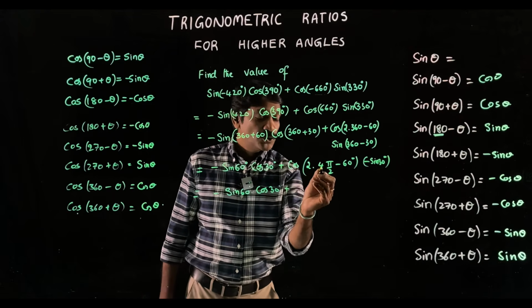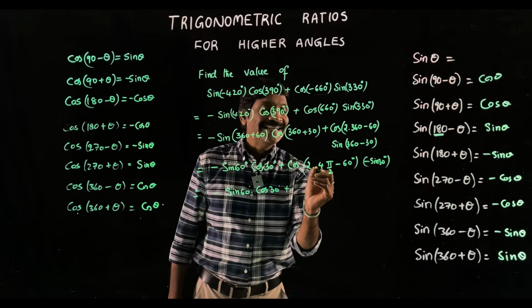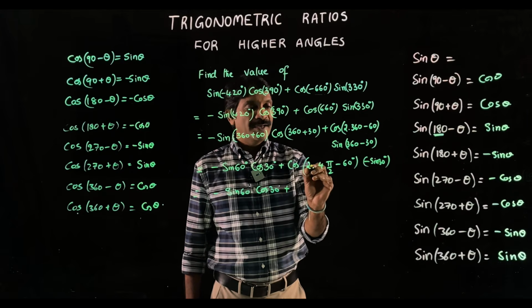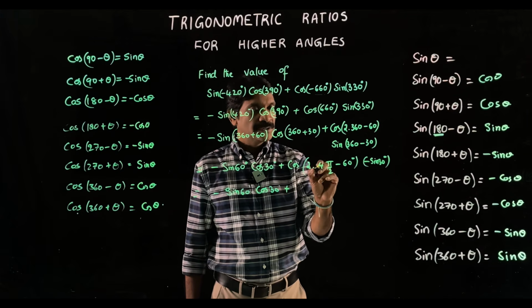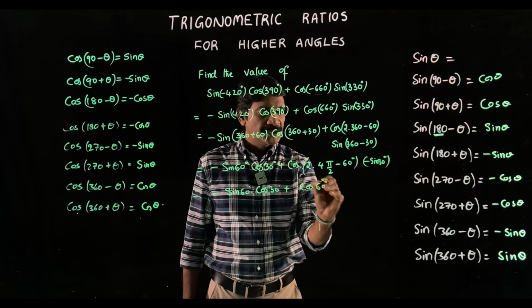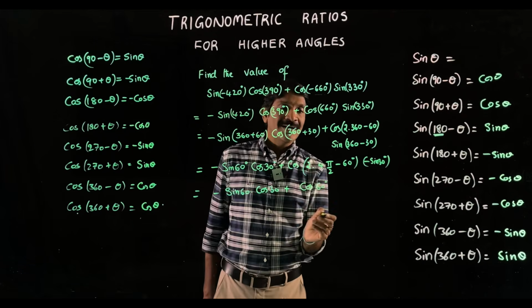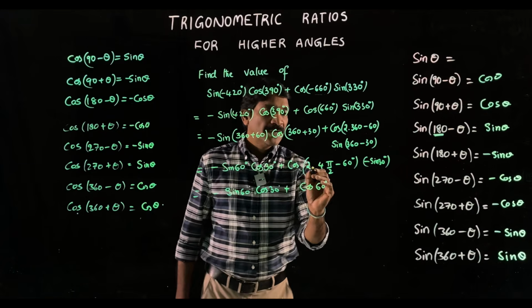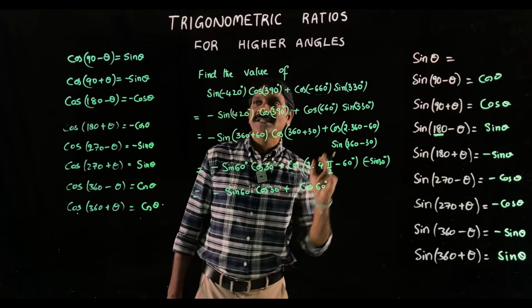plus, 4 twos are 8, so cos of 8 times pi by 2. 8 is an even number. When an even multiple of pi by 2 comes, cos remains cos only, so cos 60 degrees. Now regarding the quadrant, we have to see 8 times pi by 2 minus 60 degrees.